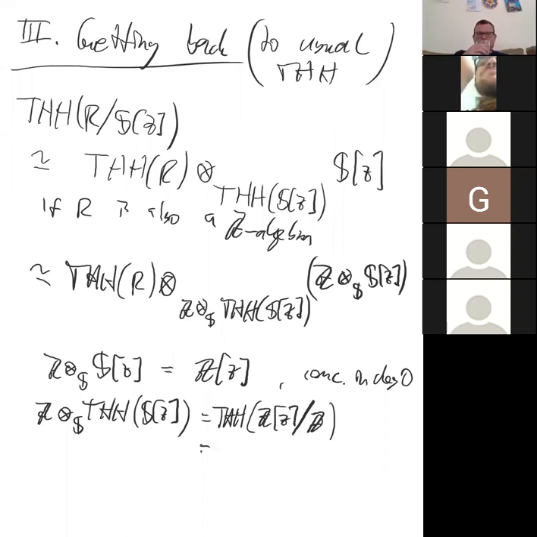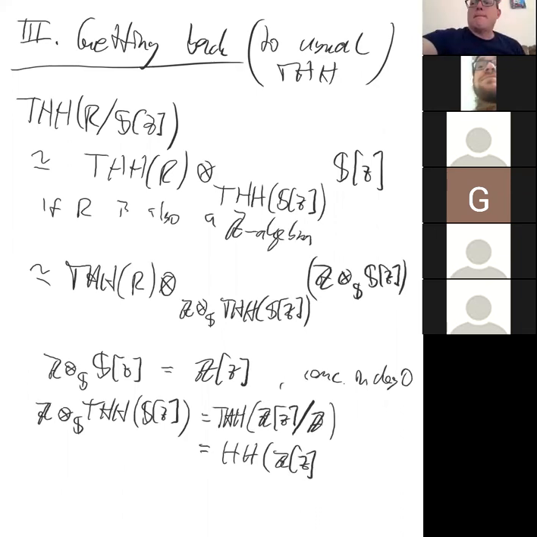And now this is just a fancy way to write Hochschild homology. This is the Hochschild homology of Z adjoint Z. So this has pi star.